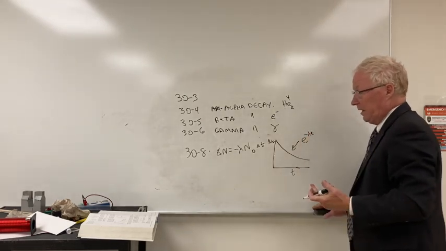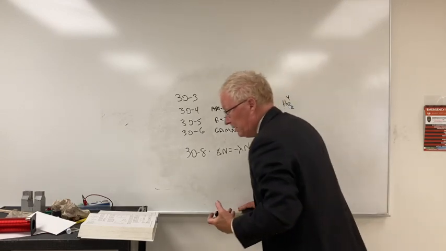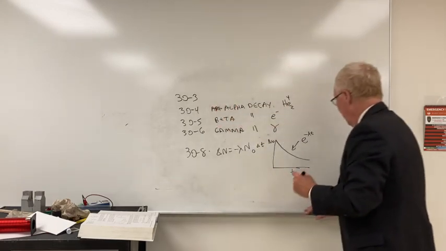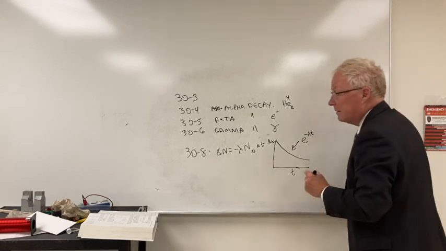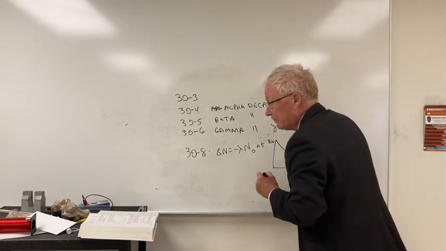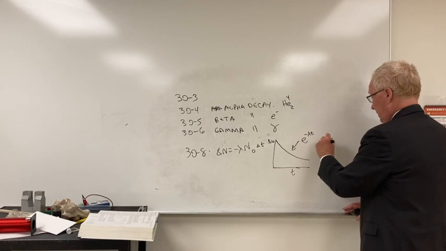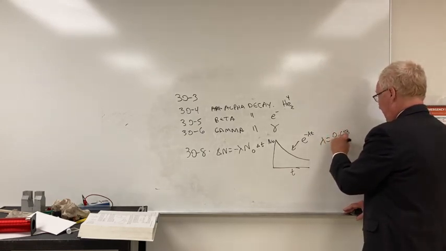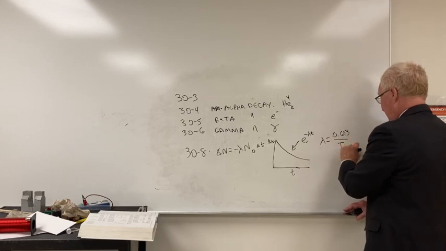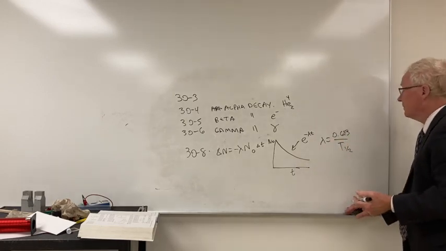Based on that, we end up with half-life. We define it as lambda is 0.693 over t to the half. So this is in terms of half-life.